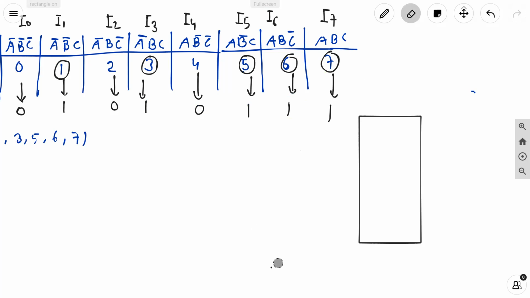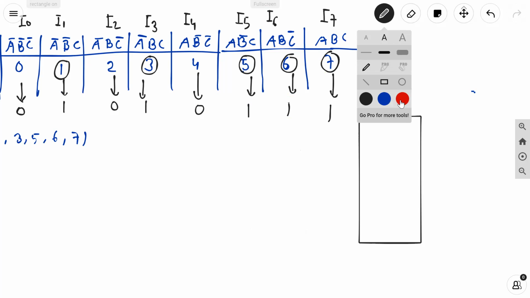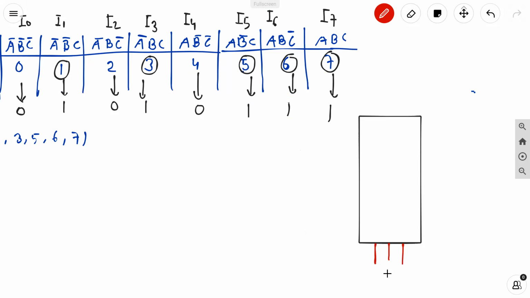In this 8:1 mux, we have three select lines, A, B, C. So all three variables are present at the select lines, and the input lines are connected with the combination of 0 and 1 only, 4 and 4, 8. So first is 0, second is 1, 0, 1, 0, and 1, 1, 1.